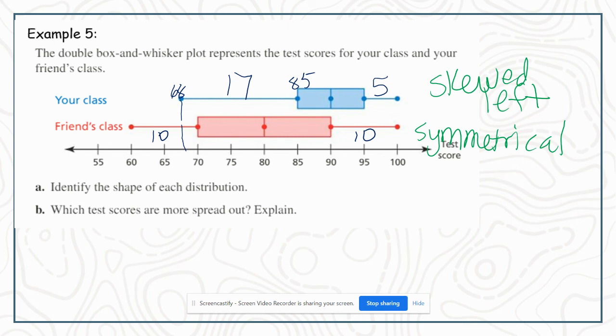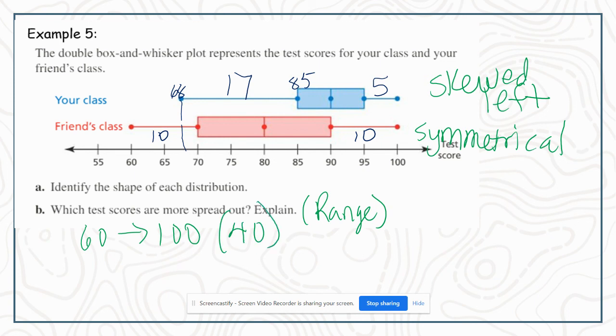Which test scores are more spread out? Well, now this deals with range. And so which box and whisker plot is the longest? Well, that's the friend's class, the red one. The red one goes from 60 to 100, which is a difference of 40.